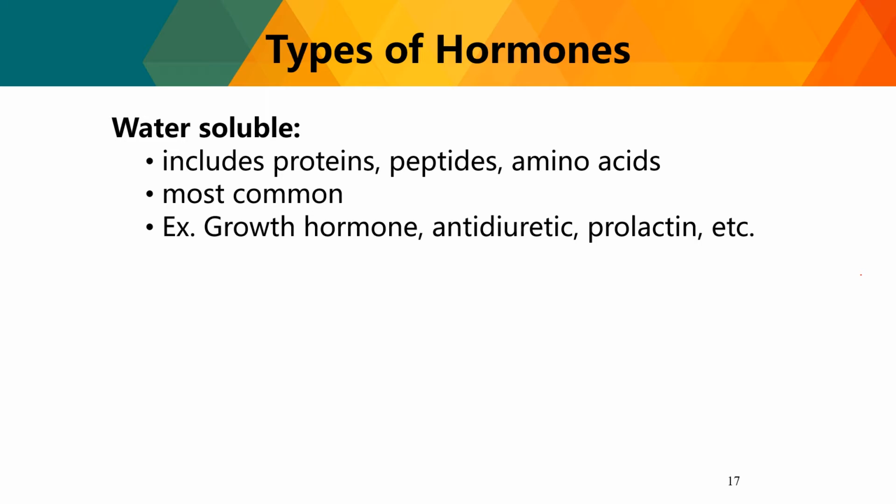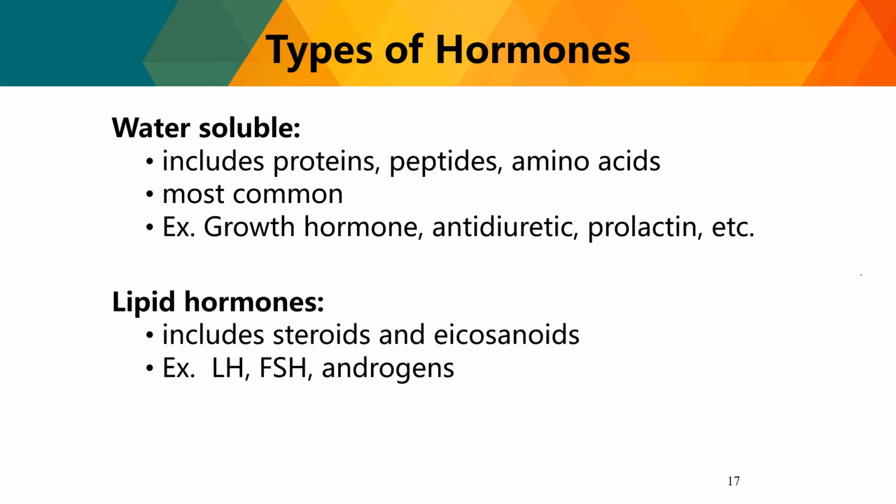Okay, the next one would be your lipid hormones. These are the fat-soluble type of hormones. It includes steroids and eicosanoids. So we have LH, which means luteinizing hormone, FSH, which is follicle stimulating hormone, and you also have your androgens.